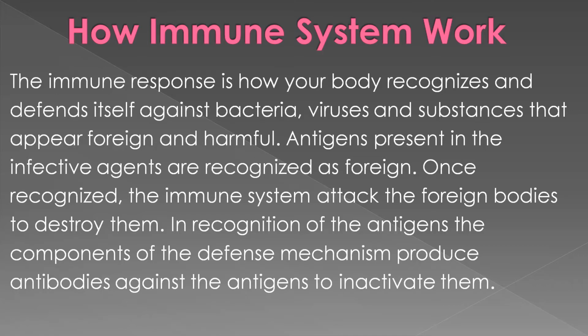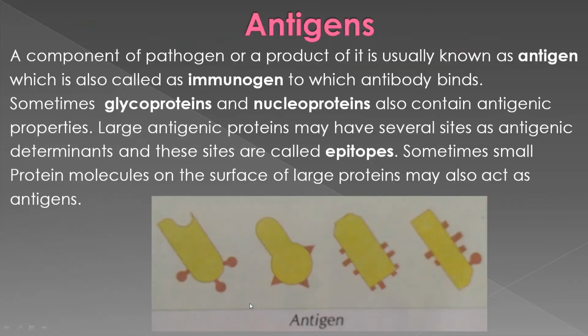I said just now. So this is how our immune system works. But to know how our immune system works, we have to know in detail about the antibodies and the antigens. So let us know about the antigens first.